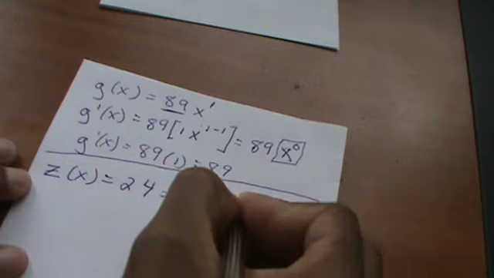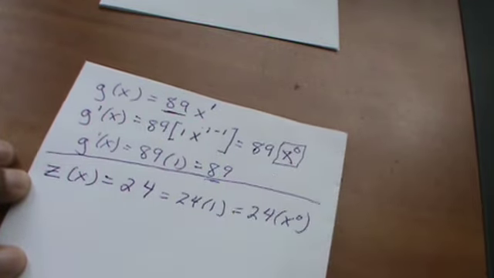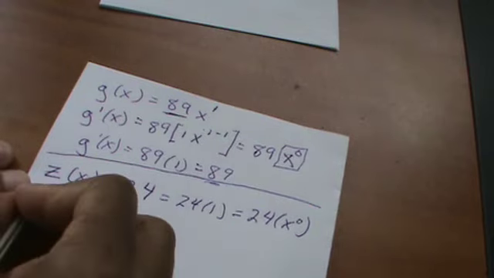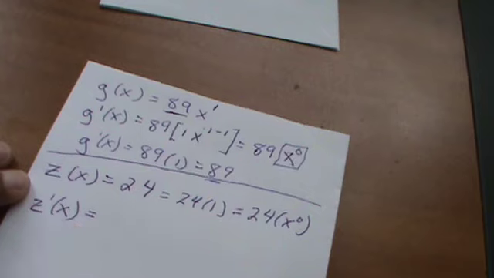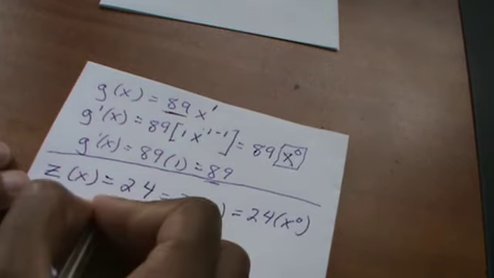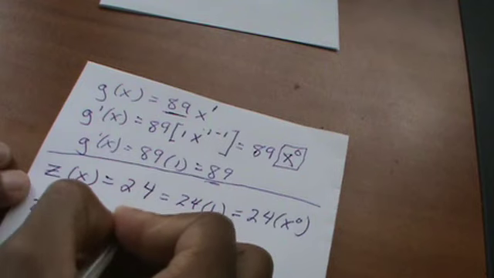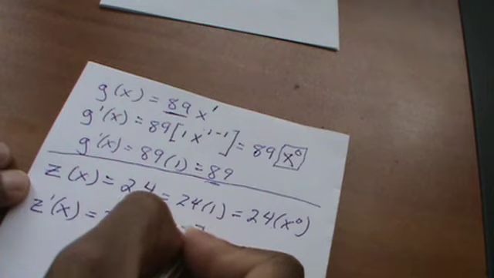So I'm going to rewrite this as 24 times x to the 0th power. So now I'm ready to take my derivative now that I have this last convenient rewrite. So then 0 multiplied by 24, or if you want to do it the long way, 24 times 0, x to the 0 minus 1.